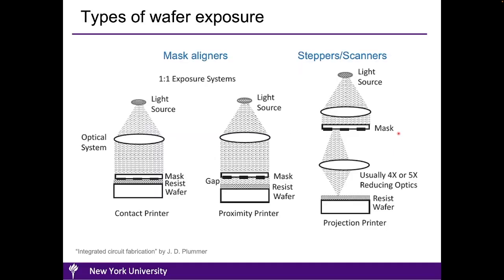The slide here shows three methods of wafer exposure used in photolithography processes. They are contact printers, proximity printers, and projection printers. In the case of contact printers, the mask is placed in direct contact with the resist layer deposited onto the wafer.